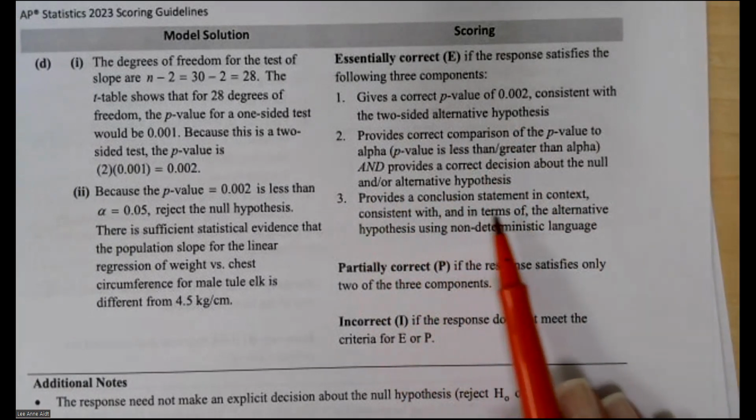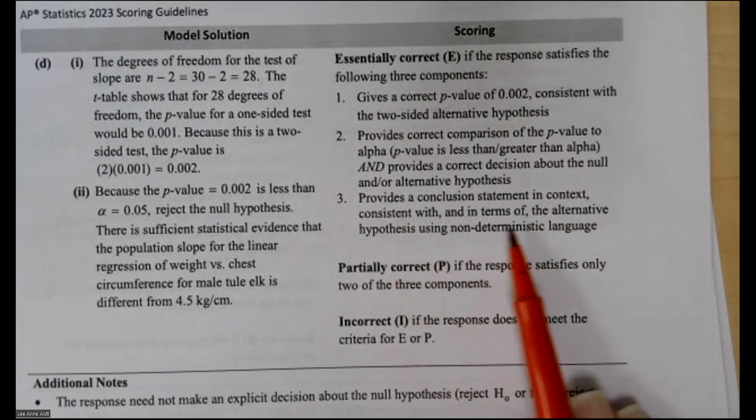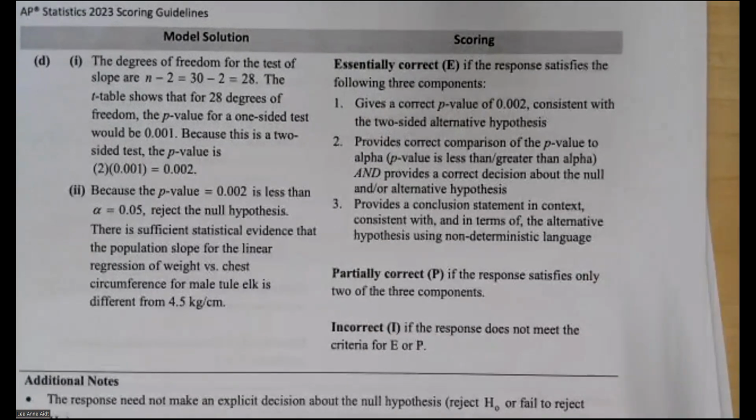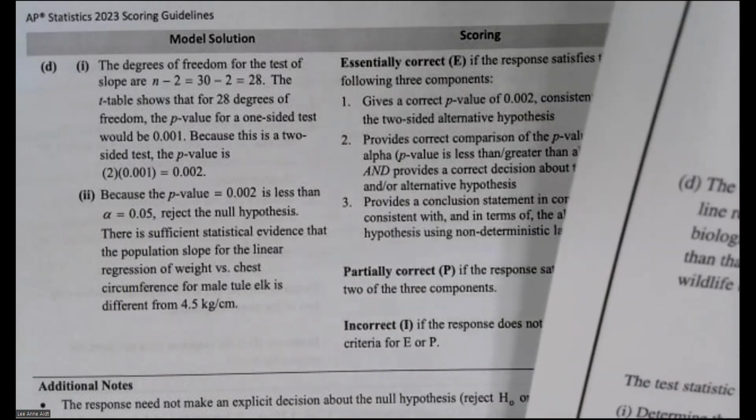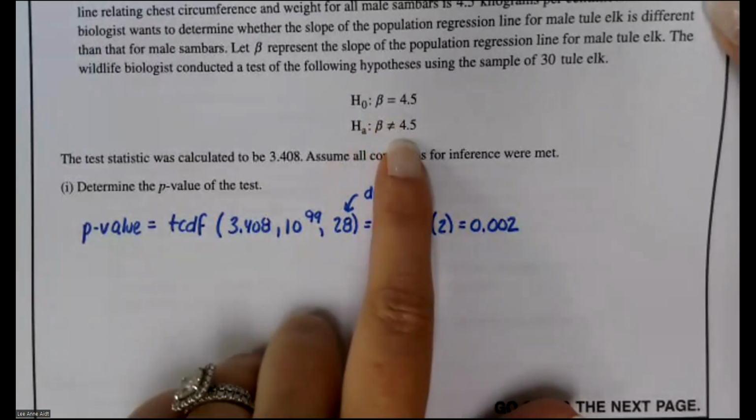Provides a conclusion statement in context consistent with the alternative hypothesis using non-deterministic language. Oh, I forgot to multiply. That makes sense. If you forgot to multiply, that would be a P. Yeah, because notice the not equal to right there.